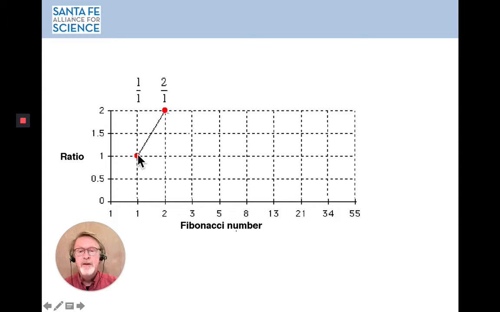The next one is 2 divided by 1. 2 divided by 1 is 2. We put a dot at the 2. The third one is 3 divided by 2, which is 1.5.